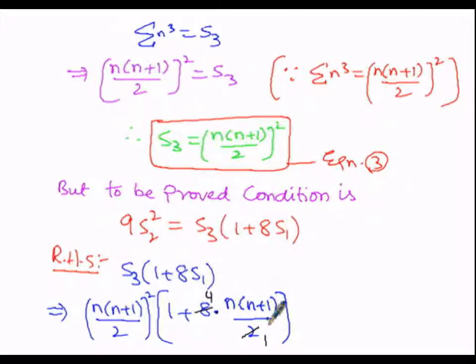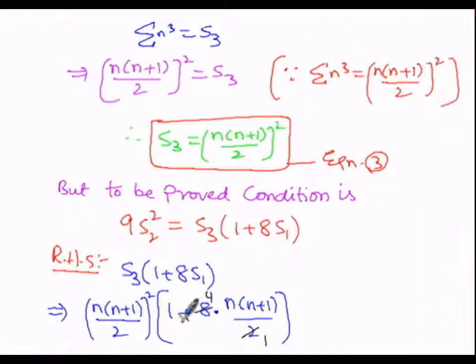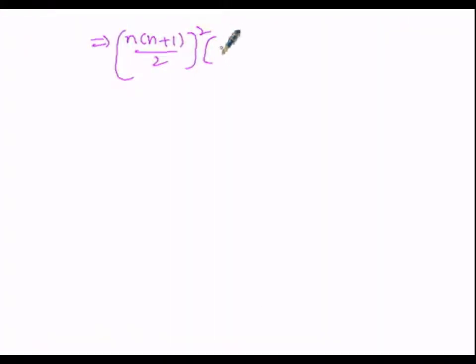Then the next logical step will be that implies n into n plus 1 by 2 whole square into 1 plus 4n into n plus 1. That is n into n plus 1 overall divided by 2 whole square, bracket 1 plus 4n into n plus 1, then the square bracket is closed.